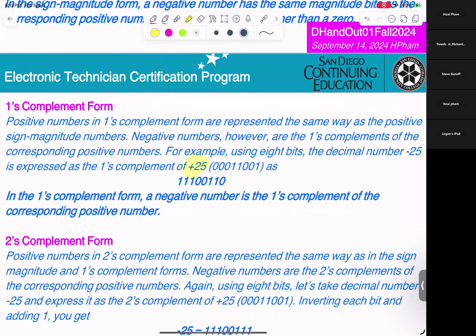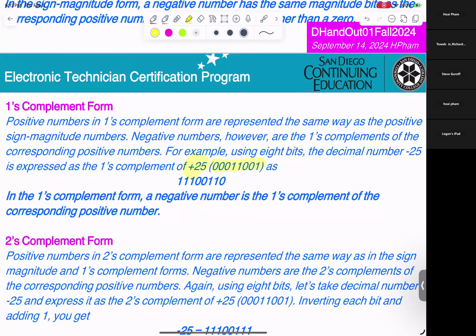Blood 25. This is the number 25. In the first complement form, a negative number is the one's complement of the corresponding positive number. Let's see, this is the number 25.